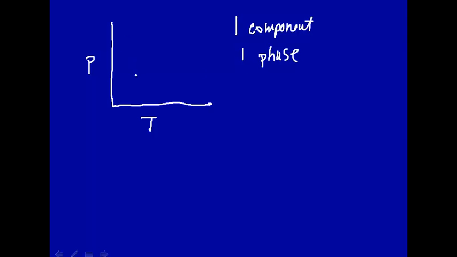That means we can be anywhere in this plane. We have 2 degrees of freedom. We can vary independently temperature or pressure and get any point in this phase diagram. So for this particular case, the degrees of freedom will equal 2, temperature and pressure.